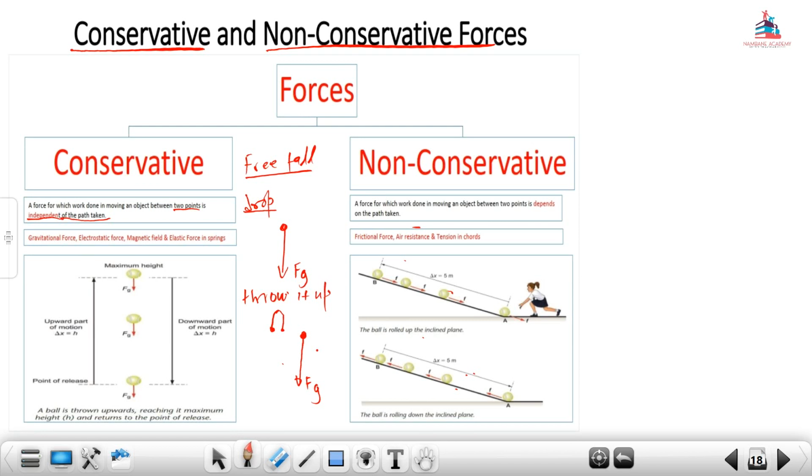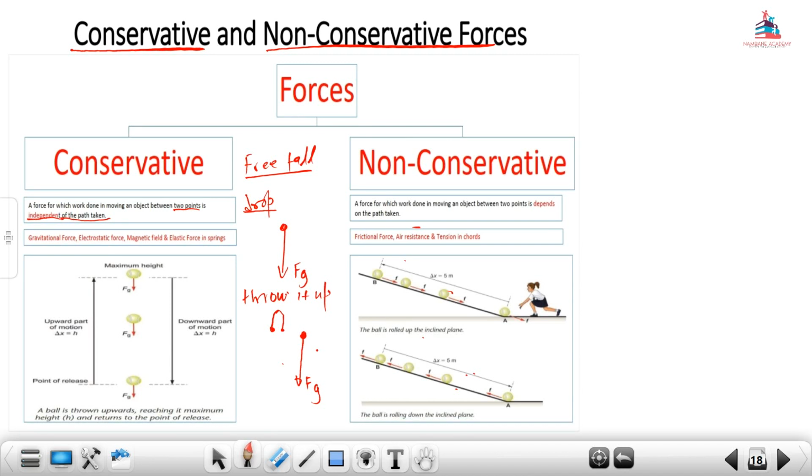So if I drop an object that is in free fall or a projectile, FG is downwards. Even if I throw it up until it reaches the maximum height, the direction of FG is still downward. If it's moving down, the direction of FG is still downwards.